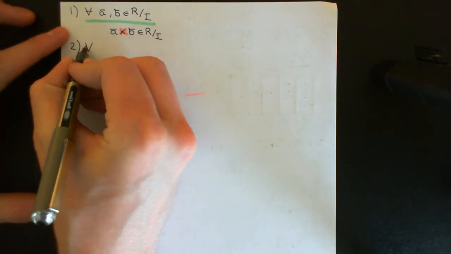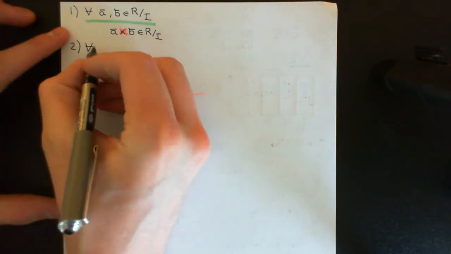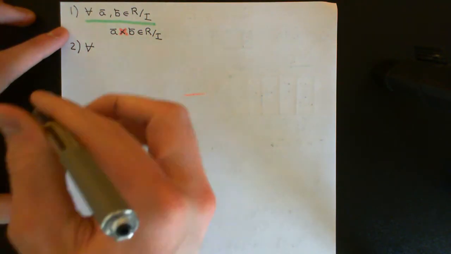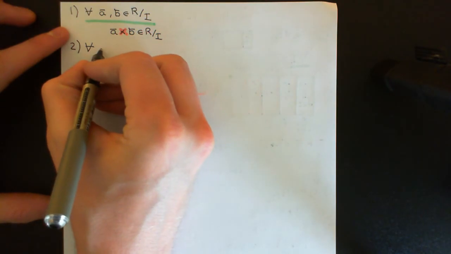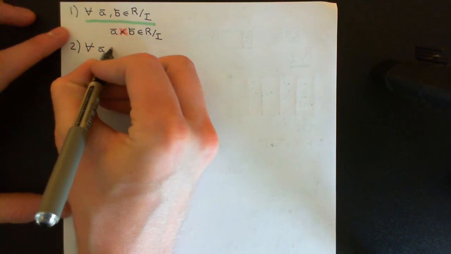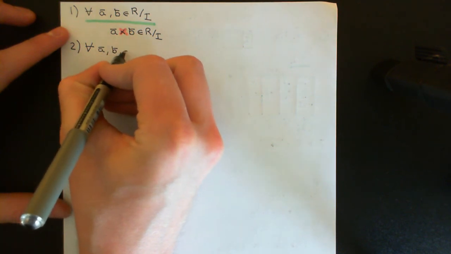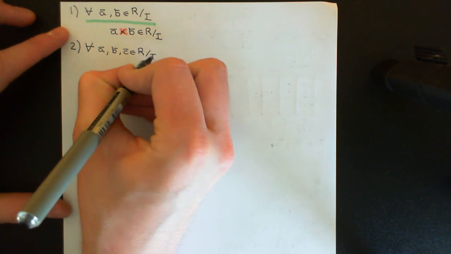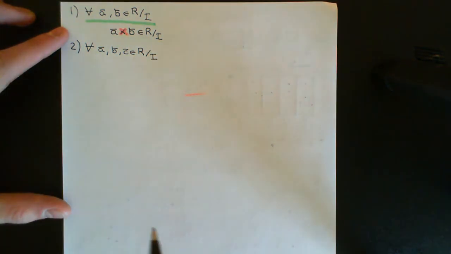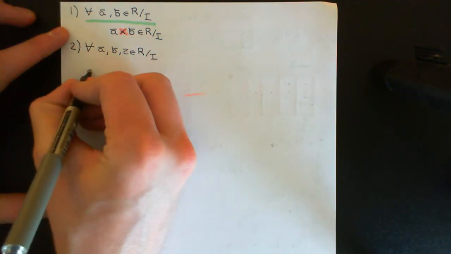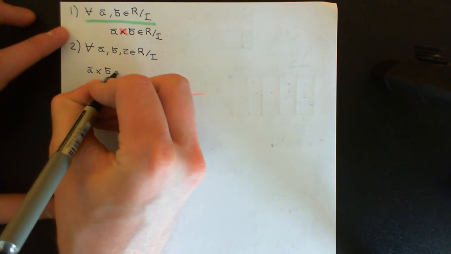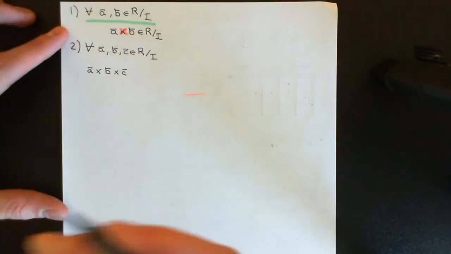Next, axiom number 2, let's do associativity. And this follows exactly the same strategy as we approached associativity with addition. So let's say for all A bar, B bar, and C bar that you can possibly take from the quotient ring, what we need to prove is that if you multiply these three together, just like we added them together before, it doesn't matter where you put the brackets, you get the same answer.